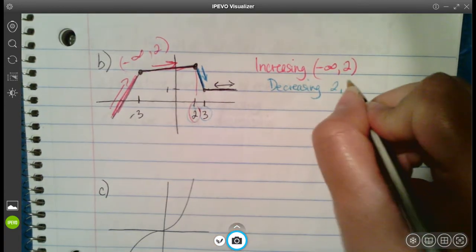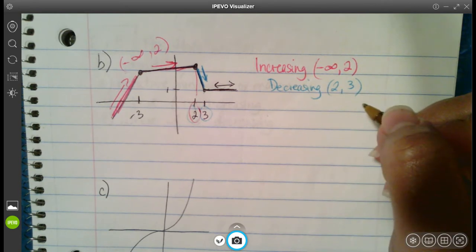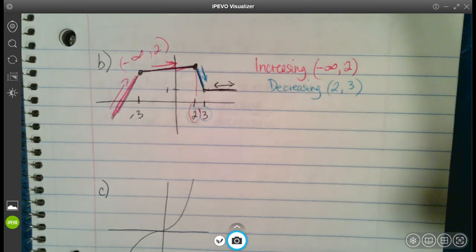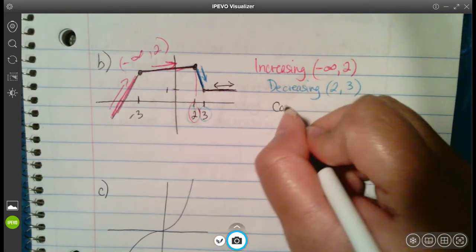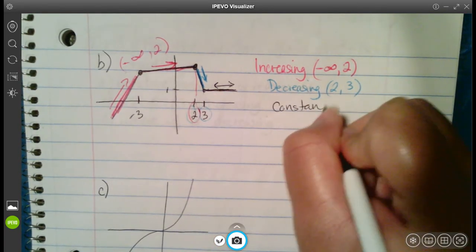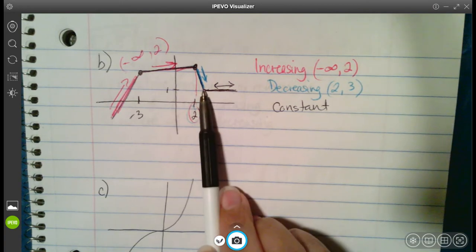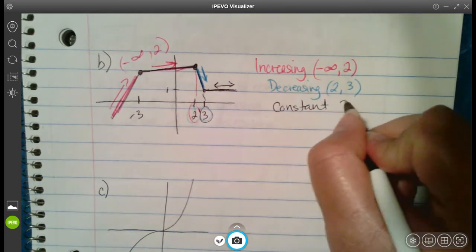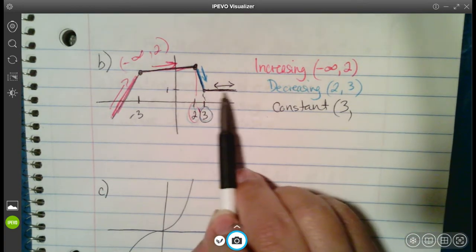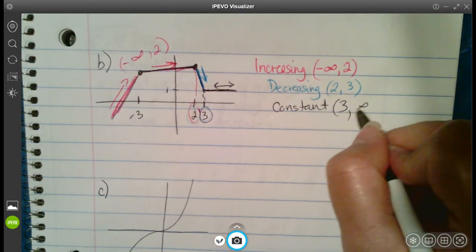So between 2 and 3, it's decreasing. And last but not least, we do have a constant part of the graph here. It is constant from 3, from this point right here, all the way to forever, so to infinity.